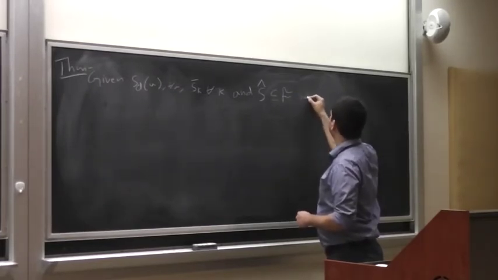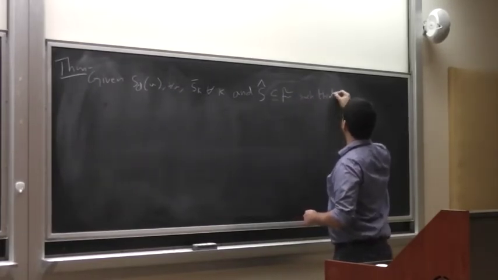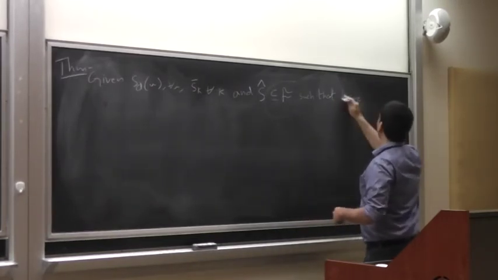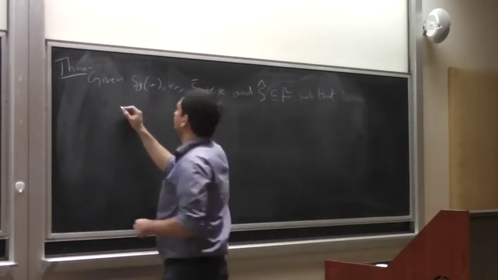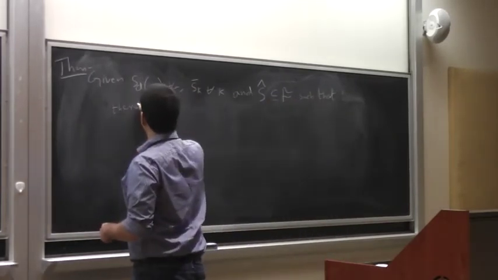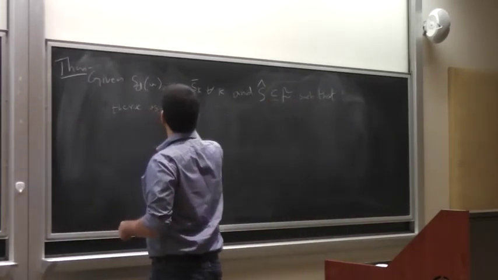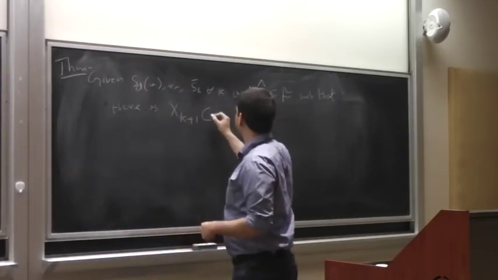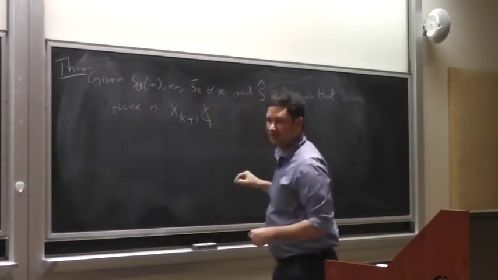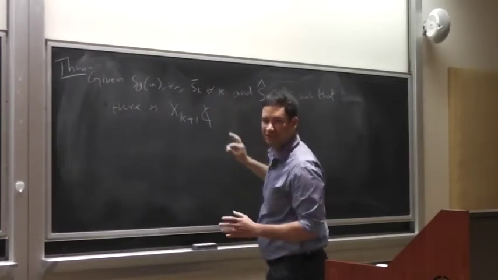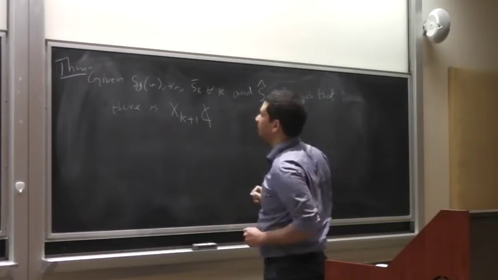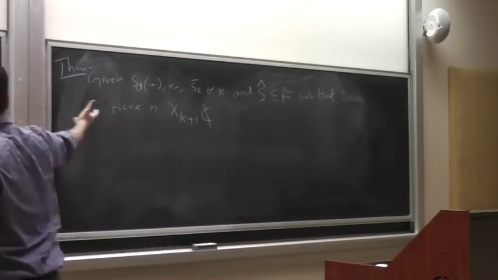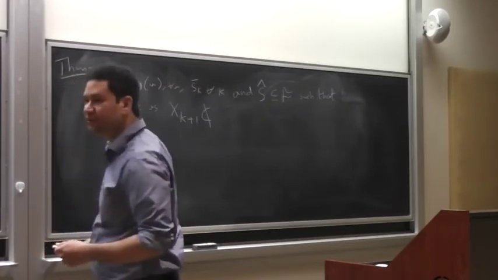S such that, there exists xk plus 1 that does not belong to the starting set. Because the starting set is going to be computed for amount of k. So you'll have a starting set, say, till x3. Then you're looking for what the fourth element would be, right?